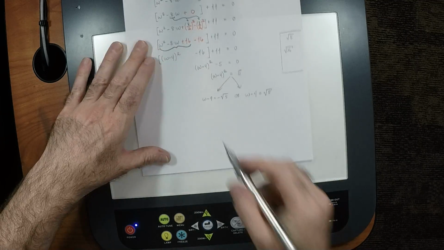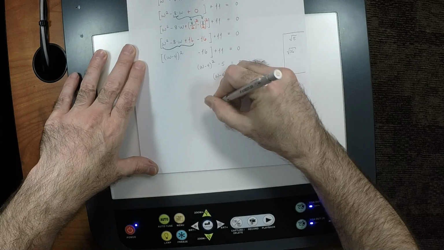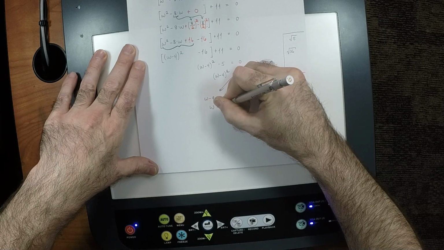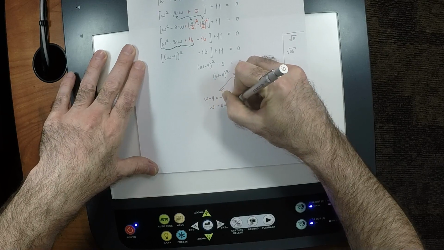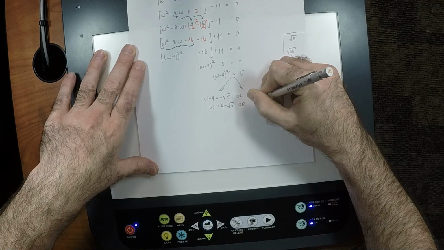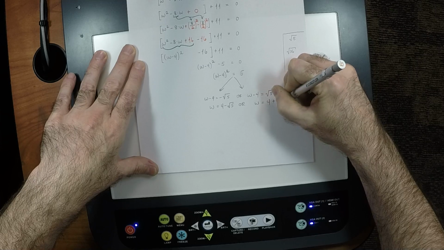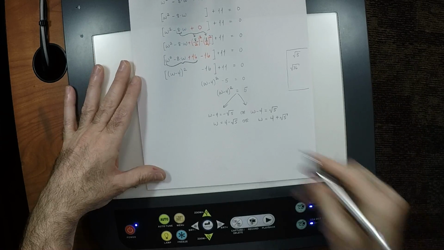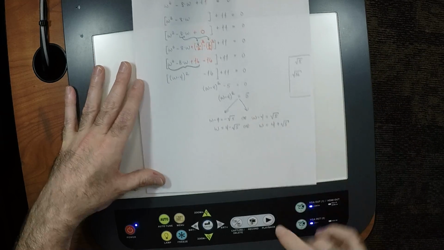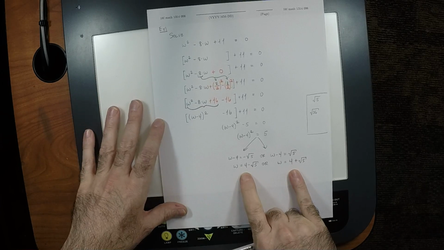So then solving for w, we have w is equal to 4 minus the square root of 5, or w is 4 plus the square root of 5. So that's the answer to the question.